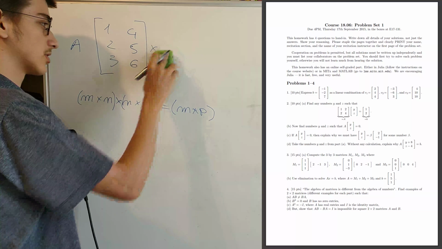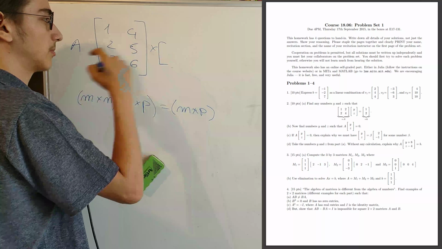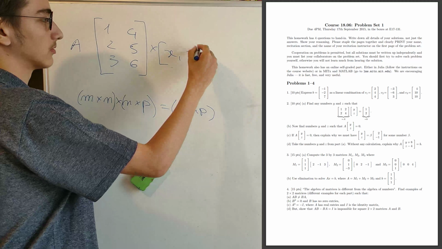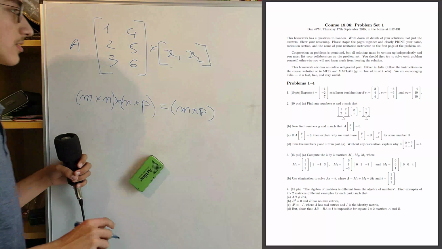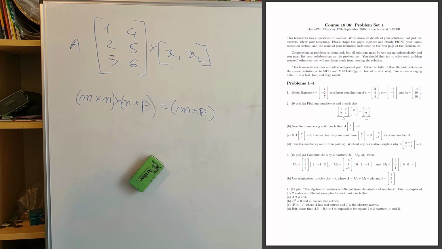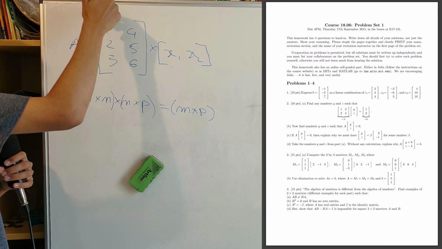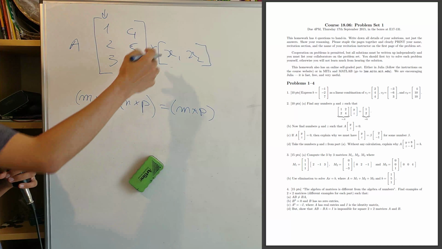If we take something simple and just take a vector x1, x2, then because we are on the subject of linear combinations, this product would be x1 times the first column plus x2 times the second column.